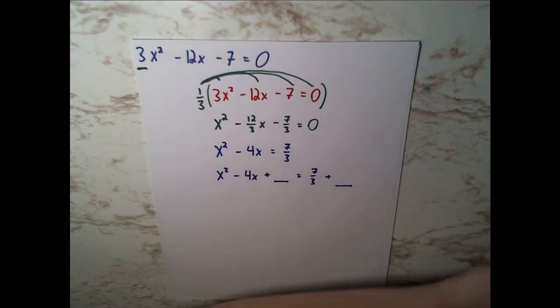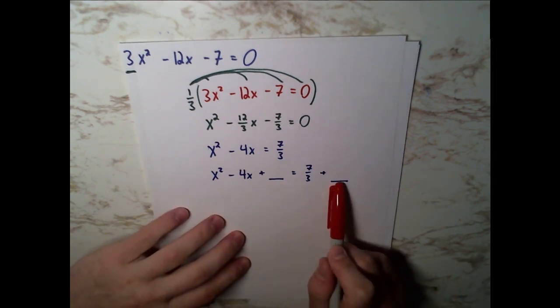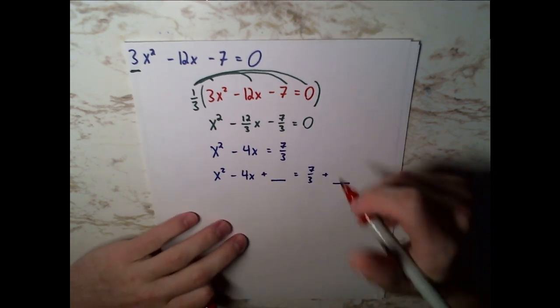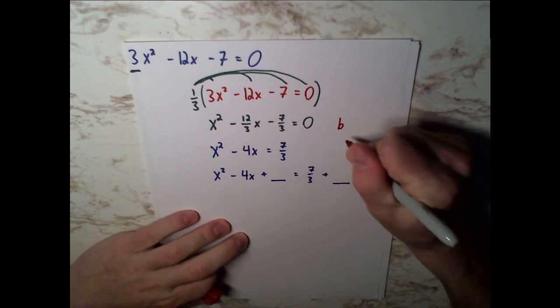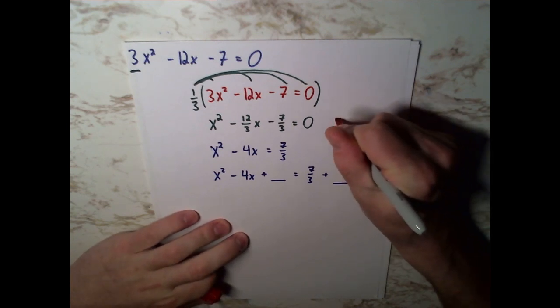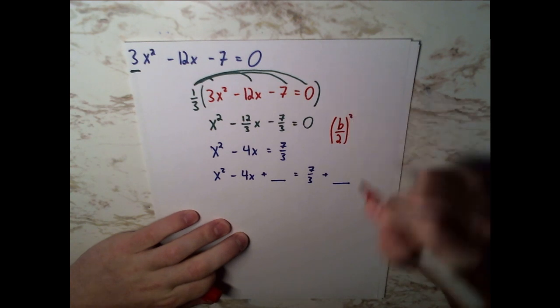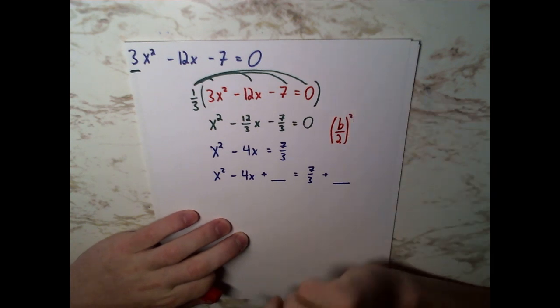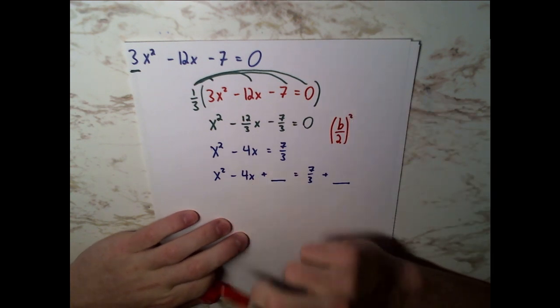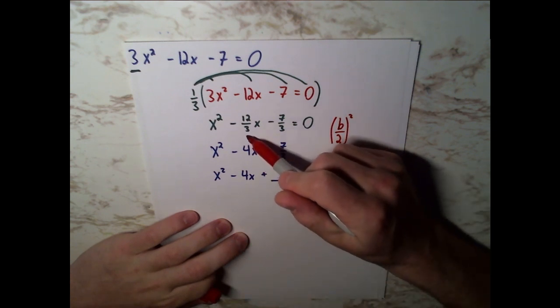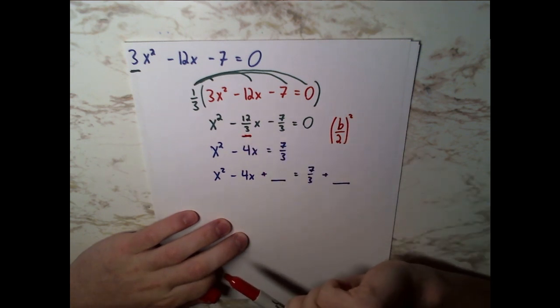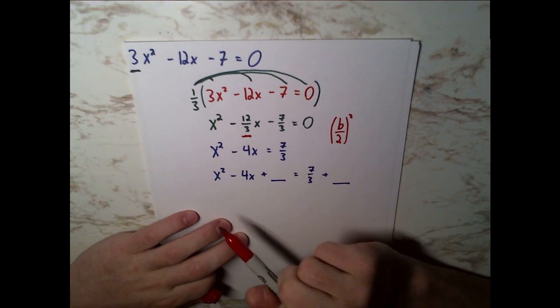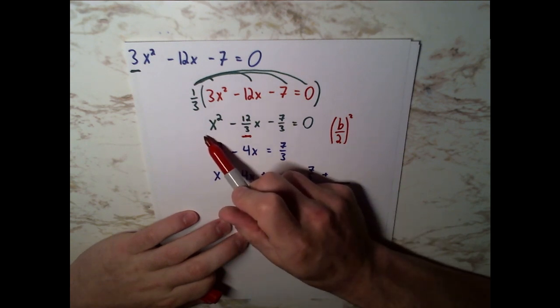And we know that the number that goes in either of these blanks is going to be b over 2 squared. So our b in this case, always make sure to use the b from this simplified version of the equation. So always use the b when your a is equal to 1.